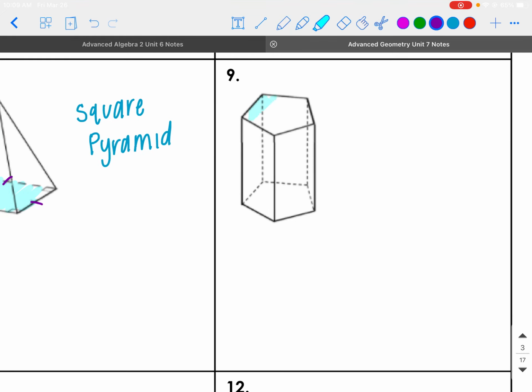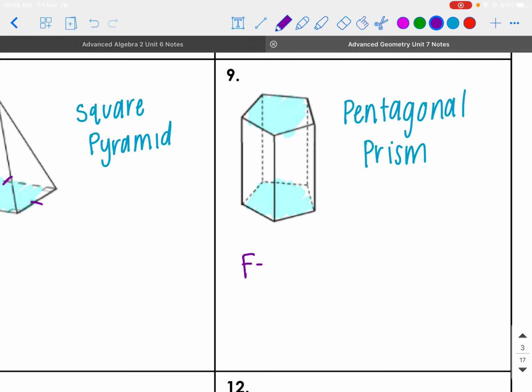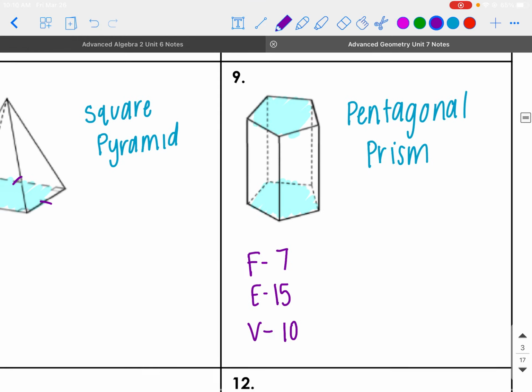Number 9, this is a prism, and the bases are both pentagons. So it is a pentagonal prism. It has 7 faces, 15 edges, and 10 vertices.